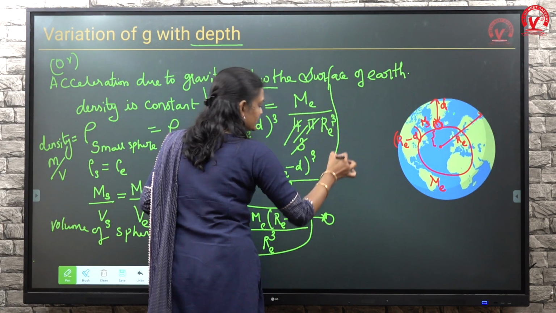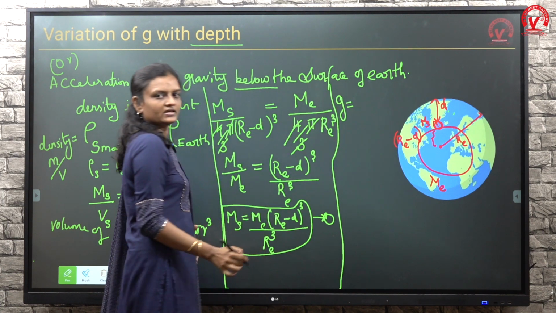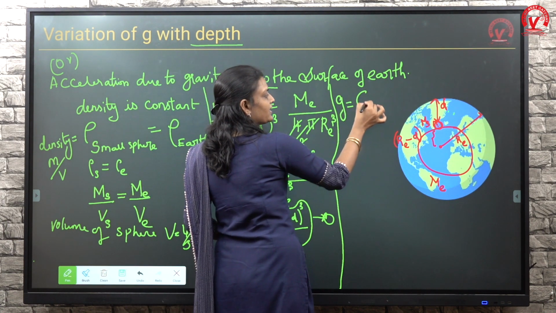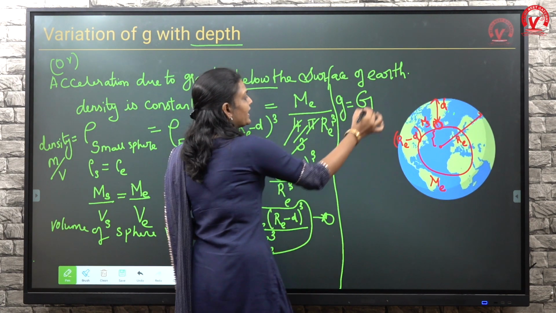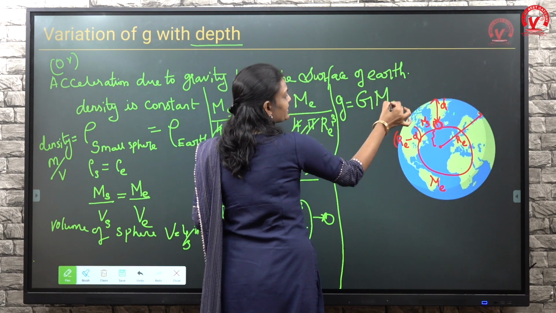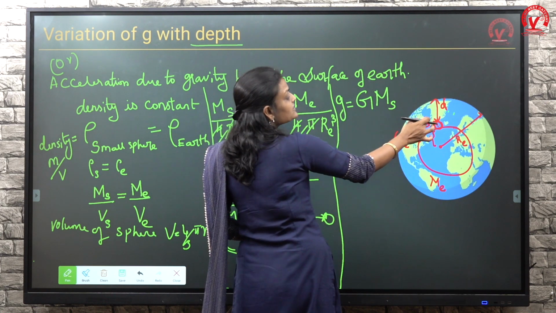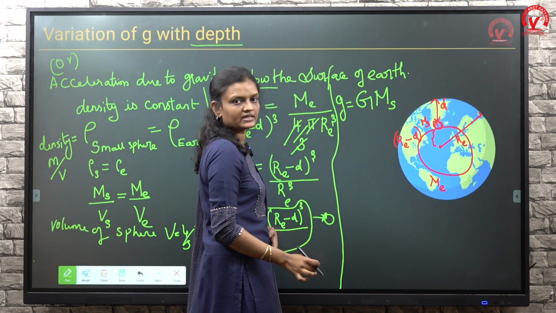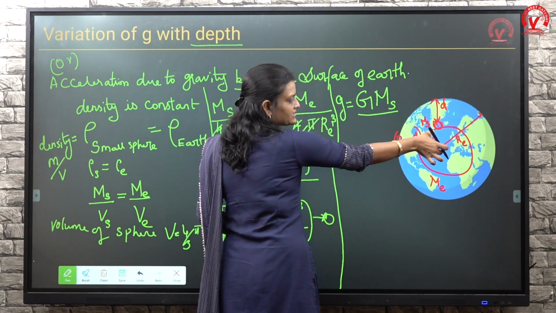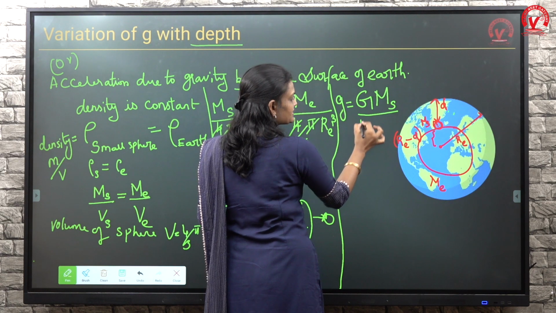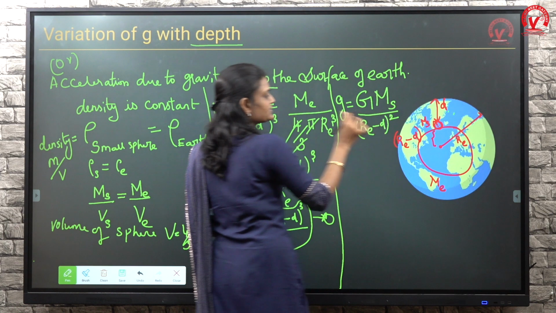Now we know the acceleration due to gravity. g is equal to G, capital G, the gravitational constant, times Ms, and we are finding it for the small sphere only, so Ms is the mass of the small sphere, divided by the radius, which for the small sphere is Re minus d, the whole square. The formula has the square of the distance.